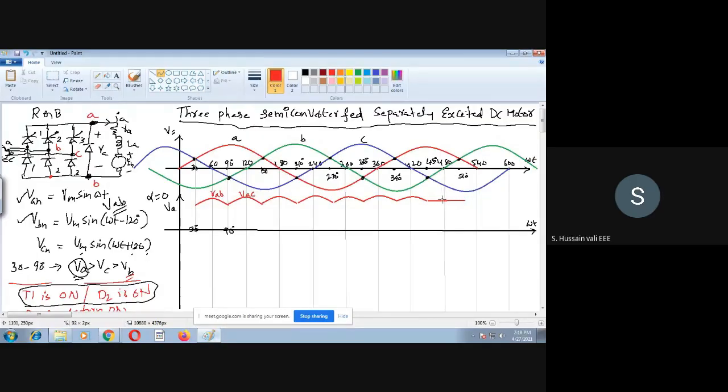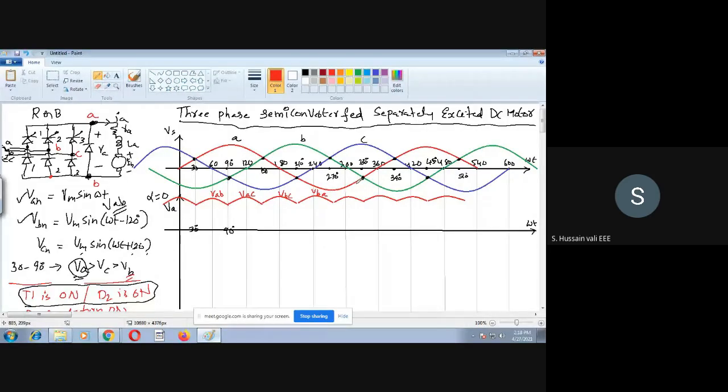So likewise, for every 60-degree duration, you will get this. I will give the numbering here, and similarly here also. Now the names: in this case it is VBC, whereas in this case the highest is B and the lowest is A, so VBA.